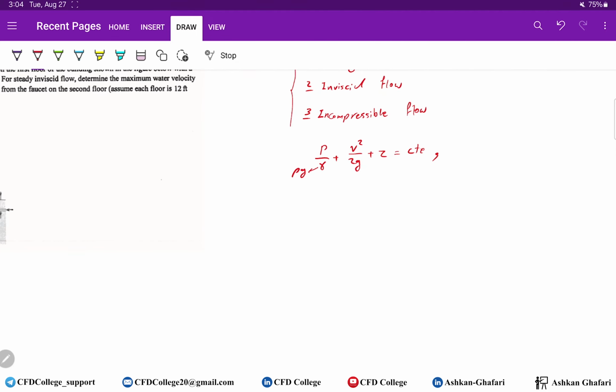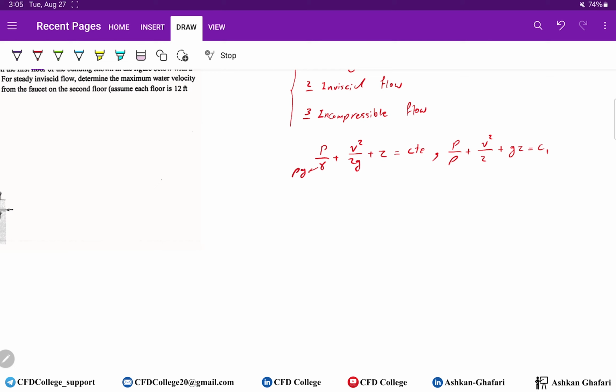For example, if you multiply the equation by g, we will have pressure over density plus V squared over 2 plus gZ equals another constant value.